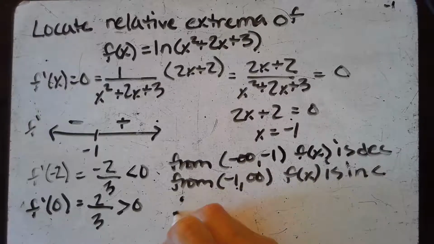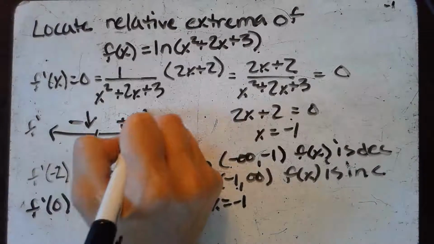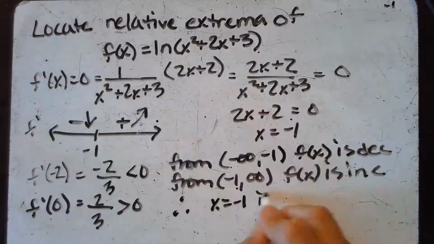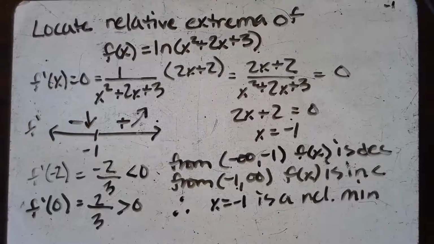Therefore, x equals negative 1, and think, negative, positive, down, up, is a relative min. All right, so here we go.